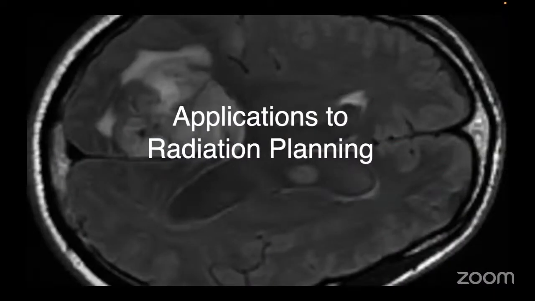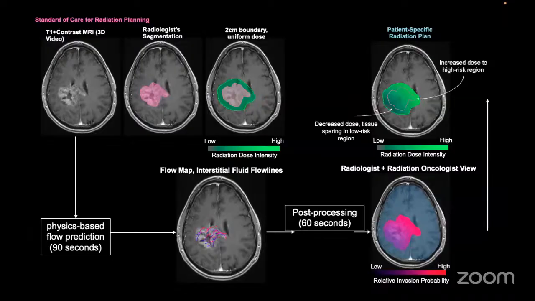There are two other applications of this approach that I want to talk about. One is radiation. As some of you know, a lot of my background is in radiation planning. The idea is pretty simple: instead of drawing margins around the tumor that are uniform or based solely on where the lesion is identified on the MRI, you can now compute this fluid velocity map and start to target regions that have low fluid flow and low blood volume, because these regions will likely be hypoxic, or you can target regions that are likely to progress, et cetera.